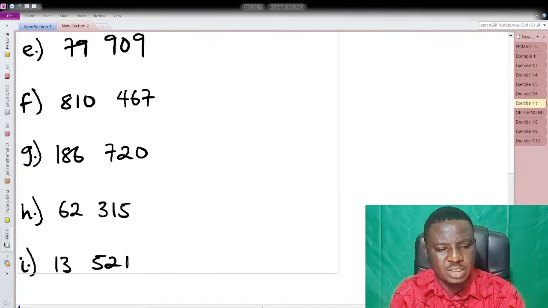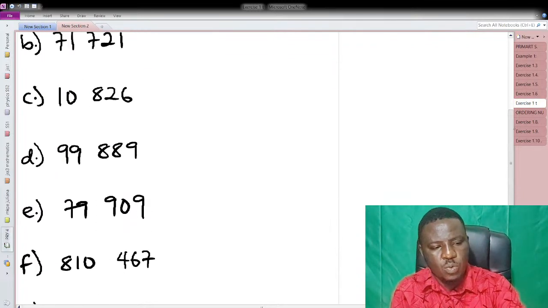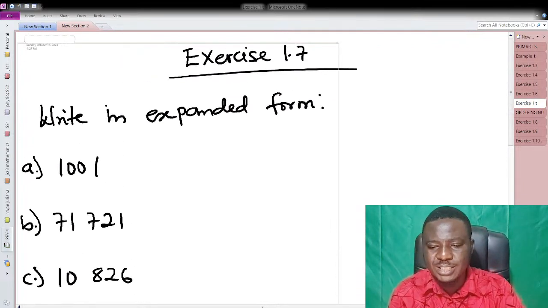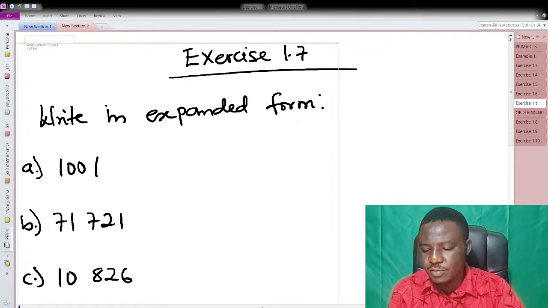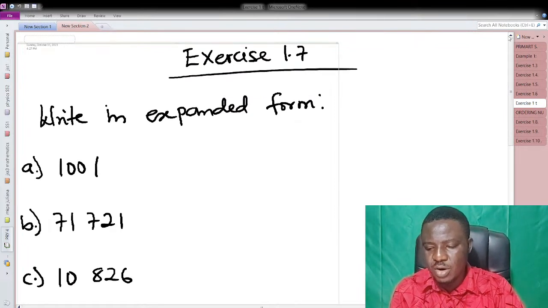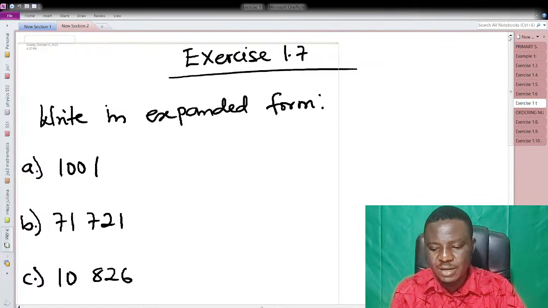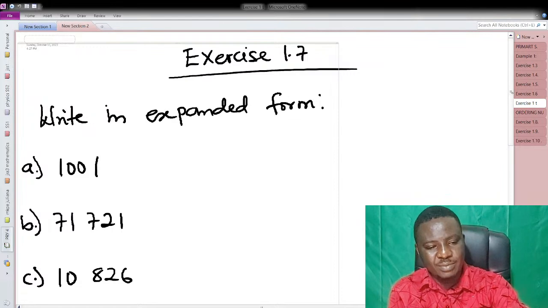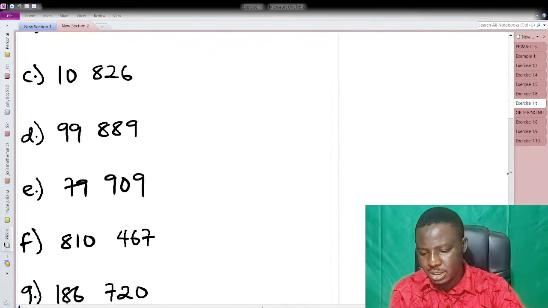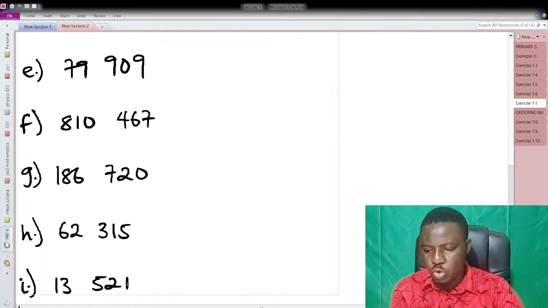Let's go to exercise 1.7. In 1.7, you are asked to write in expanded form. I will not ask you to do this again because we have already done it.